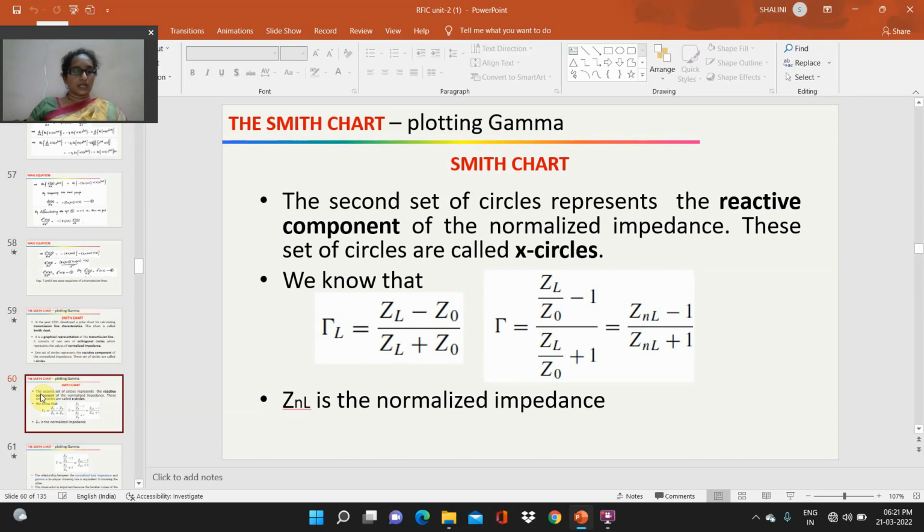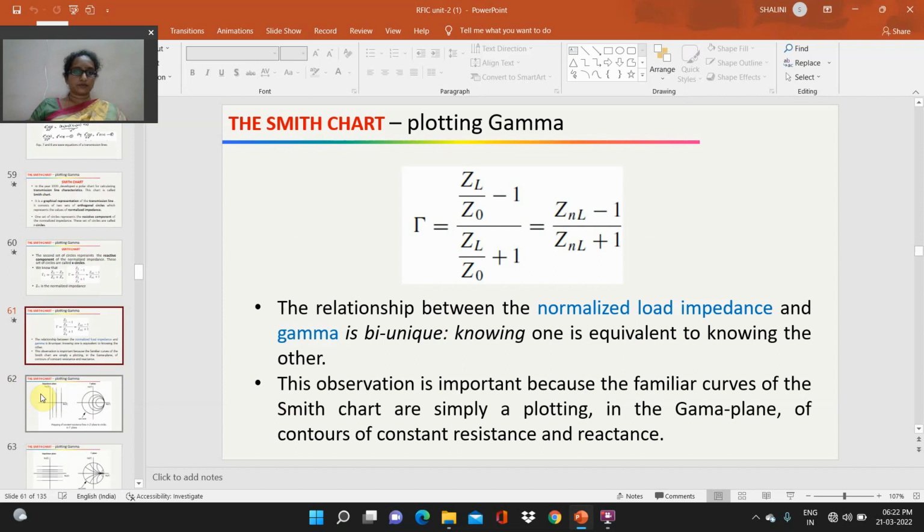So gamma is equal to (ZL by Z naught minus 1) by (ZL by Z naught plus 1), which is equal to (ZNL minus 1) by (ZNL plus 1), where ZNL is known as the normalized impedance.